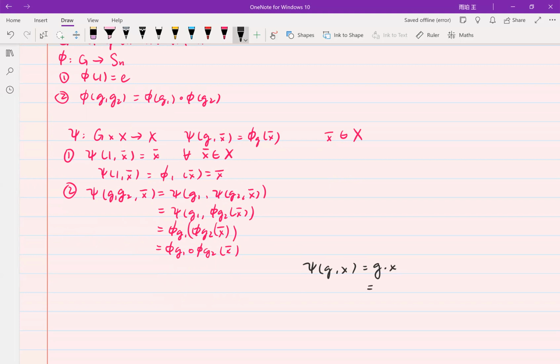And sometimes people write it as g asterisk x, just for simplicity.